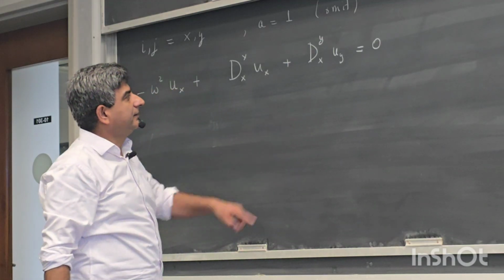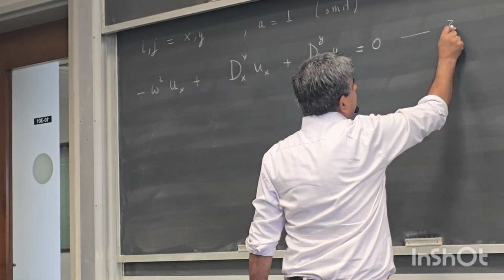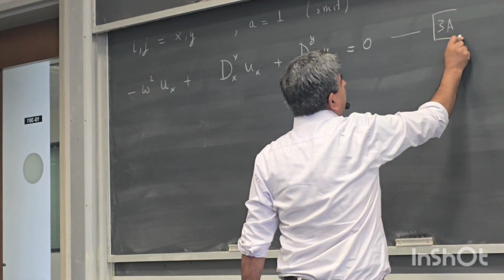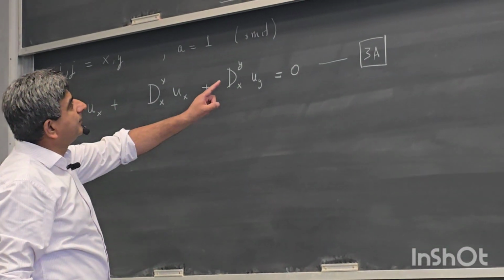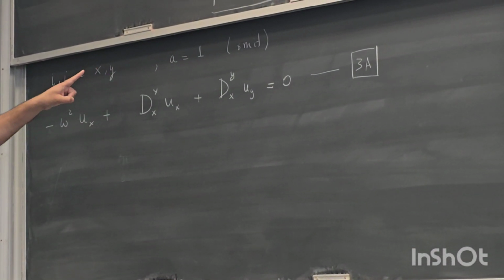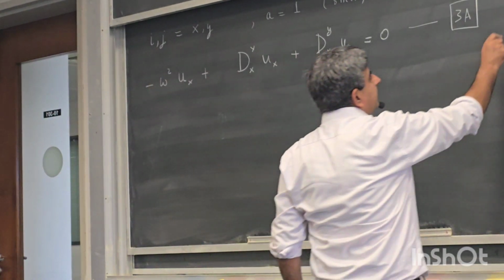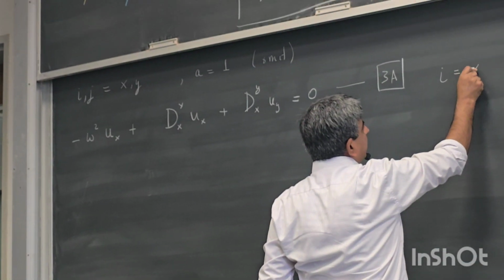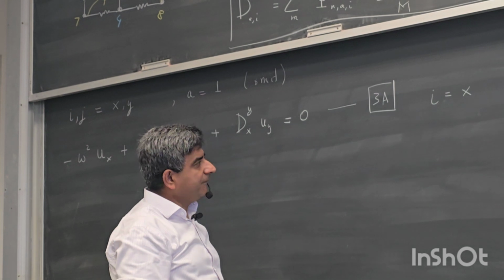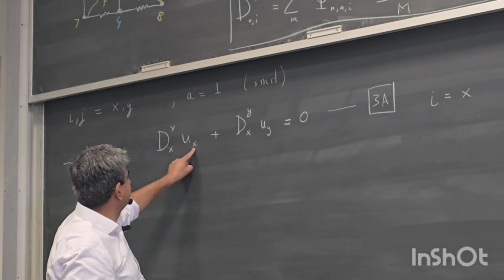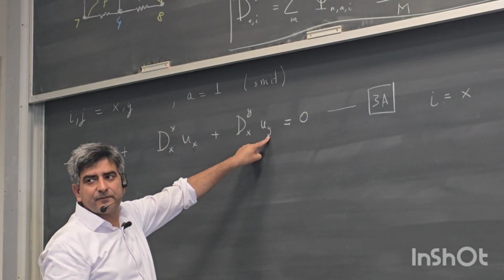So this is equation number 3a, which is simply coming out from equation number 2 when my I is x, and my j varies from x to y.